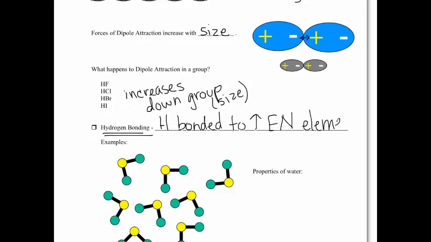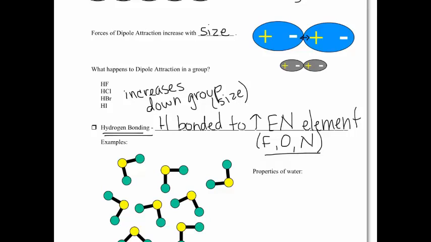So of course, our highest electronegative element, which is fluorine, is going to be included in this list. Also oxygen and nitrogen. Some people like to say hydrogen bonding is fun, F-O-N instead of F-U-N.